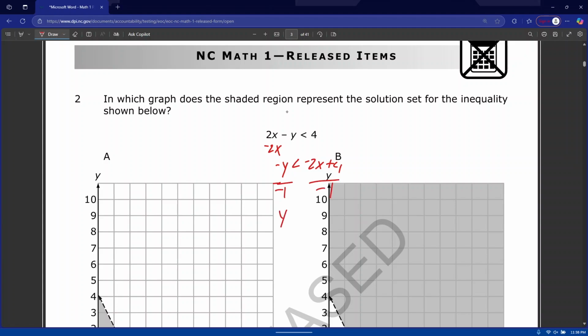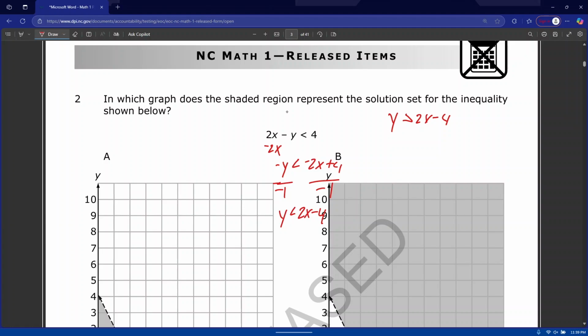We get y is less than 2x minus 4. But we're not done yet. Because whenever we multiply or divide by a negative number, we have to change the direction of the symbol here. So it would change directions and it will equal out to be y is greater than 2x minus 4.